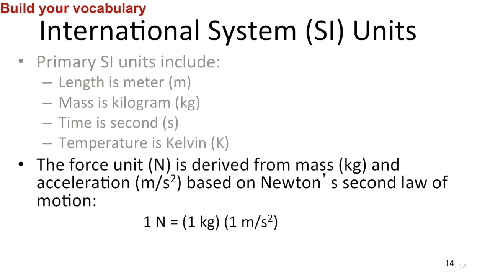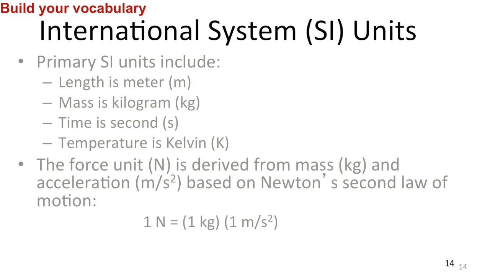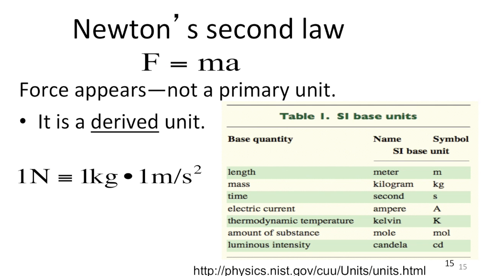It's derived from the mass unit and the acceleration, which includes length and time units. This derivation is based on Newton's second law of motion. And we already know from our previous study that force is equal to mass multiplied by acceleration. This is Newton's second law.